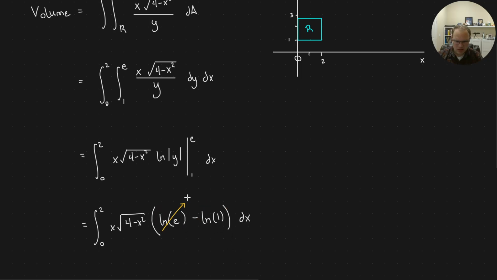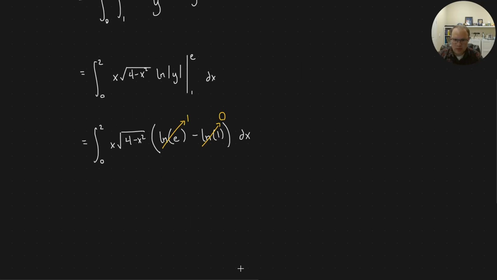Natural log of e is just 1. Natural log of 1 is 0, because we could think about it as natural log of e to the 0, and then you could bring down the exponent to the front. So all of this is 1, and then 1 times x root 4 minus x squared is just x root 4 minus x squared. And we are done with the inner integral.